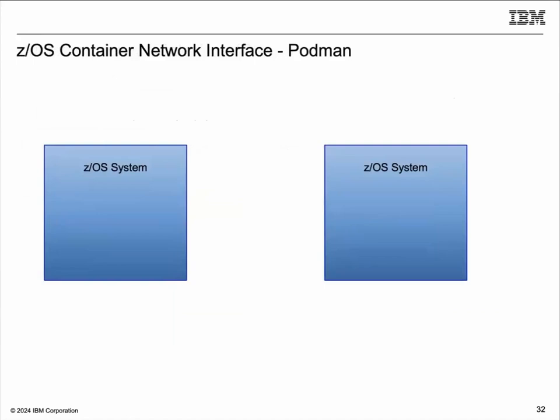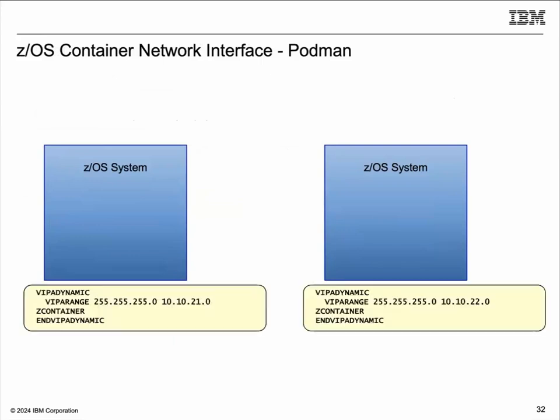On zOS, we did not want to actually do that. What we decided to do is leverage our existing dynamic VIPA capabilities, by being able to dynamically create virtual IP addresses on the fly whenever a container gets started or stopped.